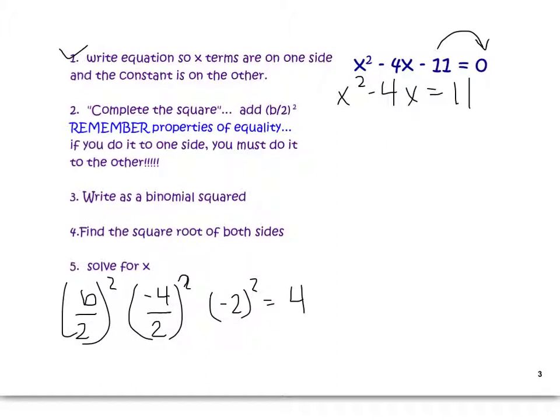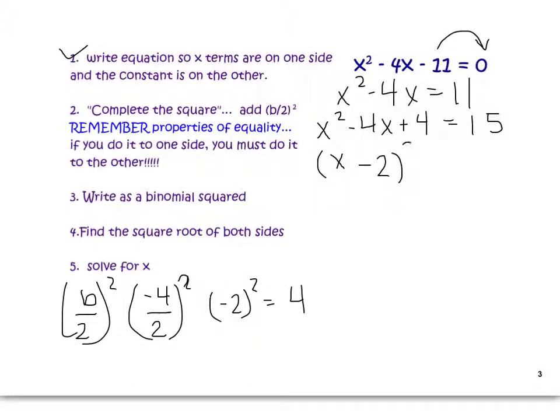What you do to one side, you have to do to the other. So x squared minus 4x plus 4 equals 11 plus 4, which is 15. Alright, now our job is to write as a binomial squared. So if you notice, this is a special case.